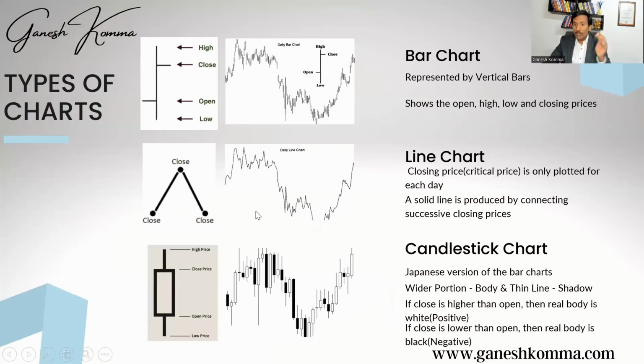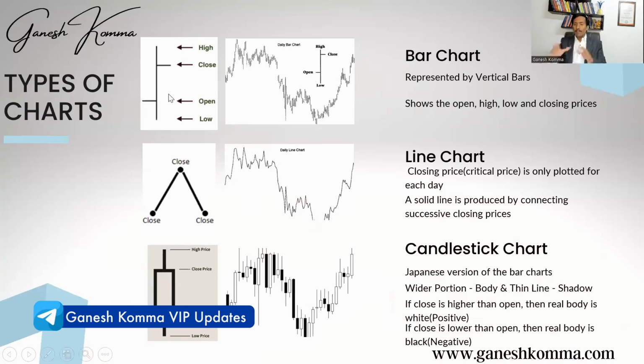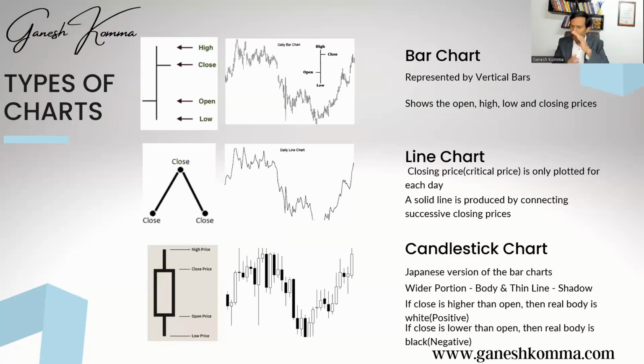Wonderfully well. Now, when you are studying a stock, we have different types of charts. We have bar chart, line chart, candlestick chart, hollow chart, your Heikin Ashi chart, various charts are there. So bar chart is the vertical bars which are represented. Every stock has a high, low, and a closing price.